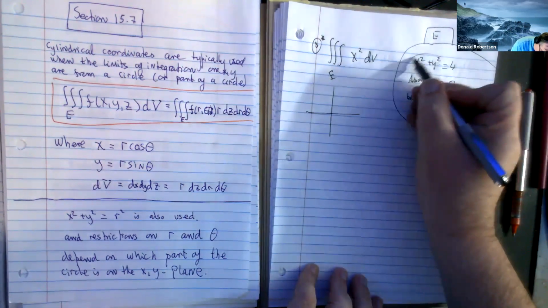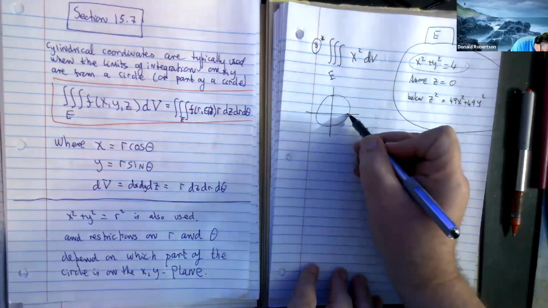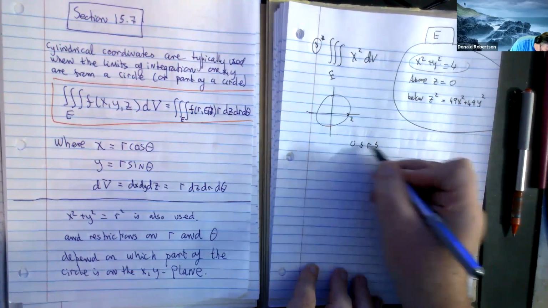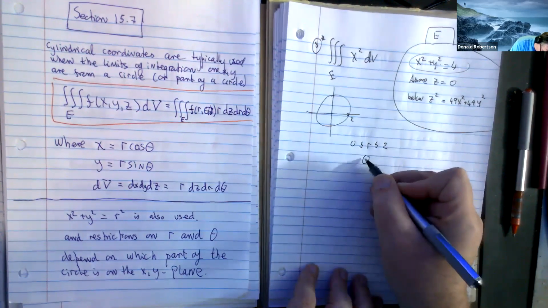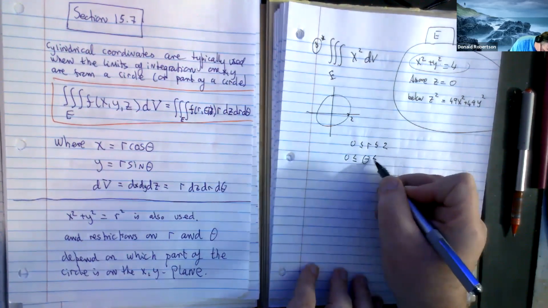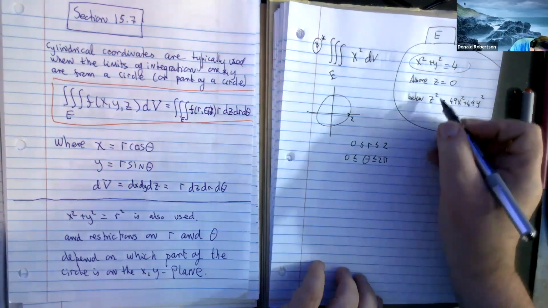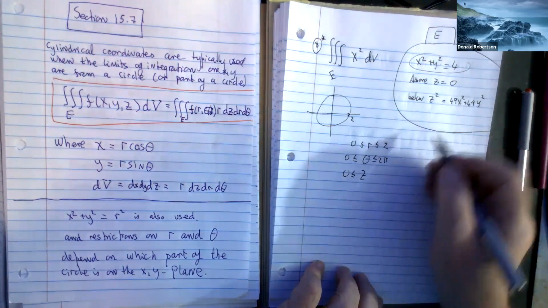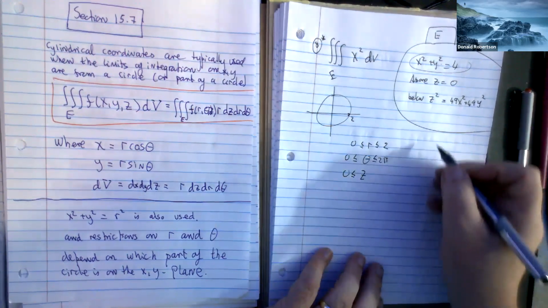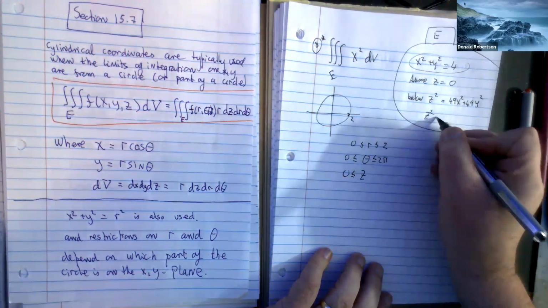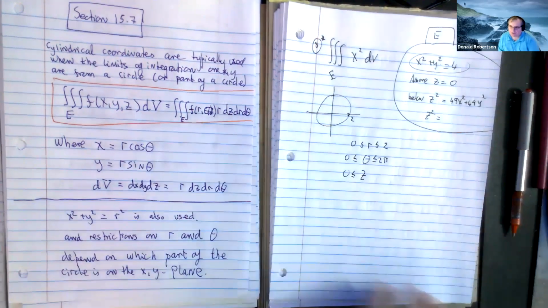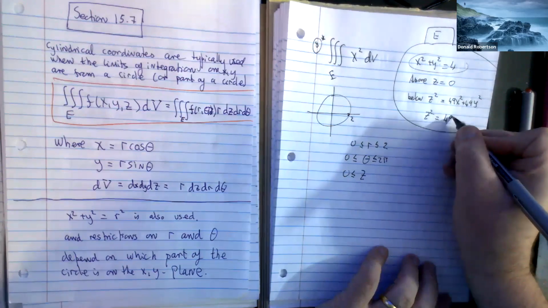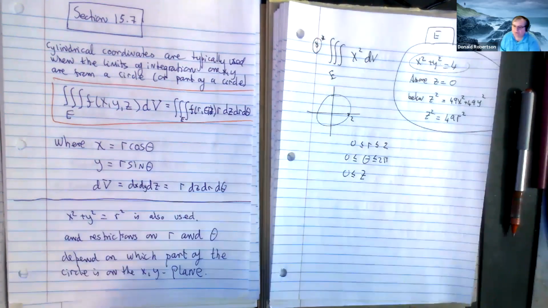Well, that guy is actually really good because he tells me that I've got a circle of radius 2, so I know the r and the theta. z equals 0, which is nice. And this guy, well, we'll have to do a bit of work on him. x squared plus y squared is r squared, so 49 of them get you 49r squared.